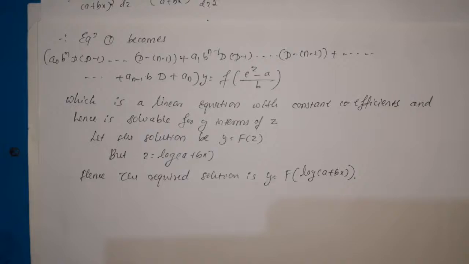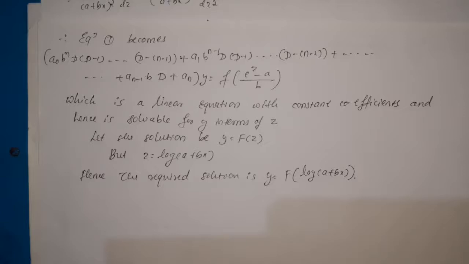So remember, here we need to substitute a plus bx equal to e power z, or z equal to log of a plus bx. Then a plus bx into dy by dx equals b into D, and a plus bx whole square d square y by dx square equals b square into D into D minus 1.